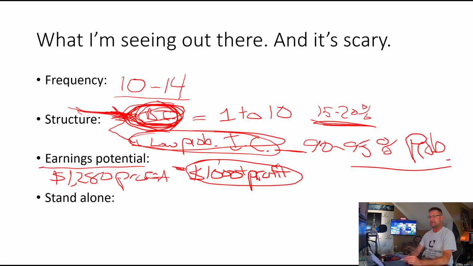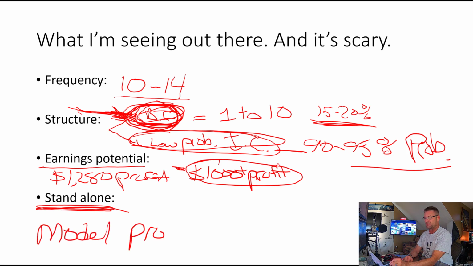Okay, and then the other thing I've also already sort of touched on, and that's that you shouldn't be trading a standalone setup. We have what we call a model portfolio, and I think it's key.